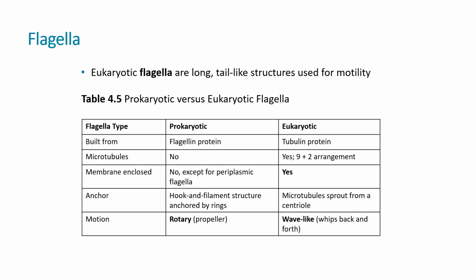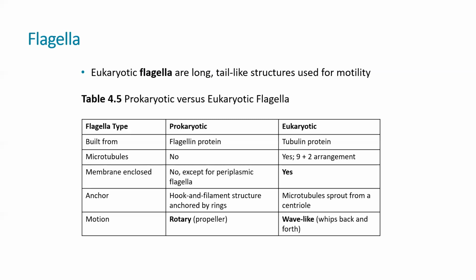Now, flagella in eukaryotes are interesting because they're quite different from flagella in prokaryotes. Functionally, they may have the same overall goal, but they're not working the same way. The big difference is your prokaryotic flagella, as you know, are made of flagellin protein, while in eukaryotes they are made of tubulin, which makes up microtubules.